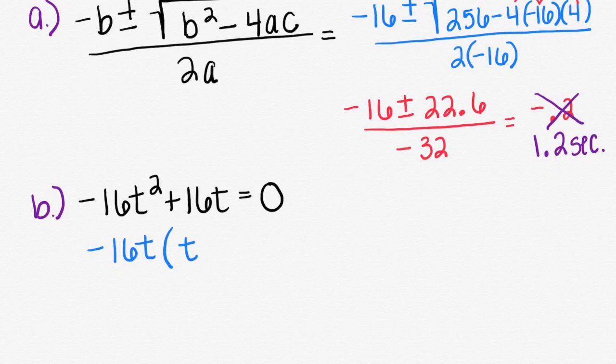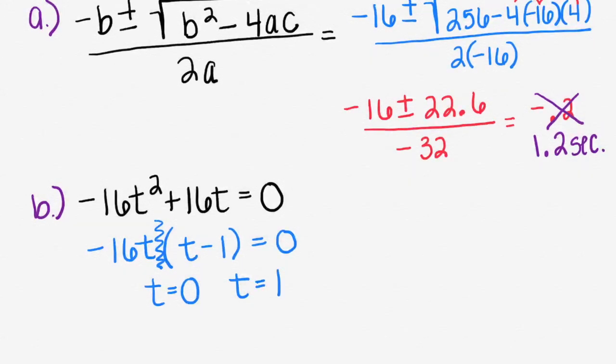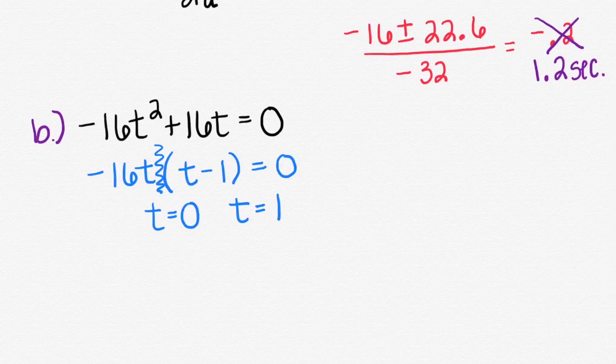And 16t divided by negative 16t would be negative 1, equals 0. Okay, remember we divide this up. We'll get t equals 0 and t equals 1.